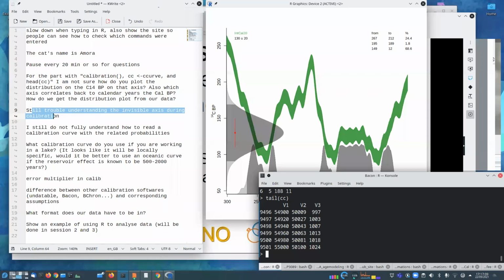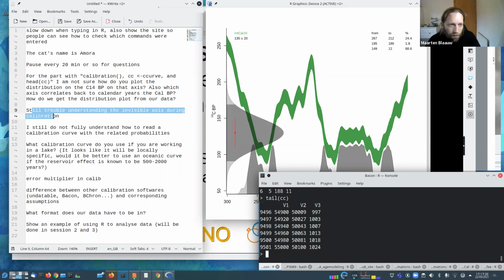I myself never smooth the calibration curve. There is some software that allows for that. For example, Calib allows for that. If you have a sample which you know has accumulated over, say, 100 years, you can smooth your curve related to that. With Bacon or anything, we don't really do that. I don't think it affects things too much.